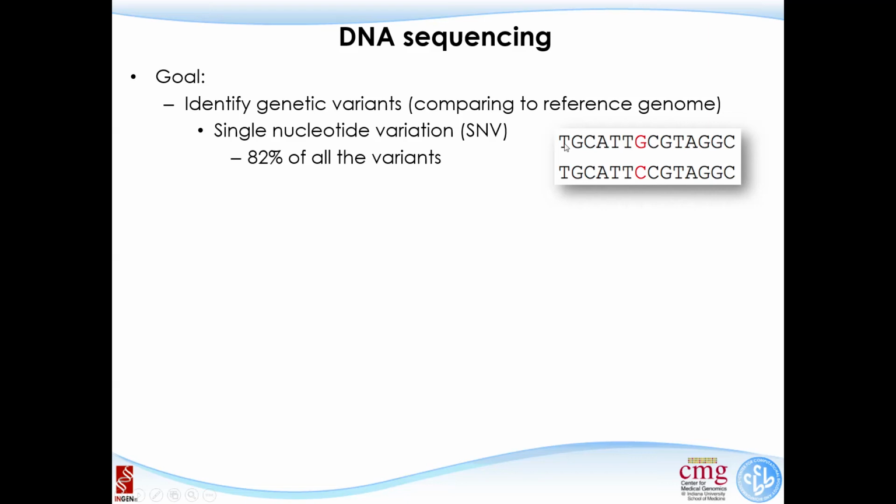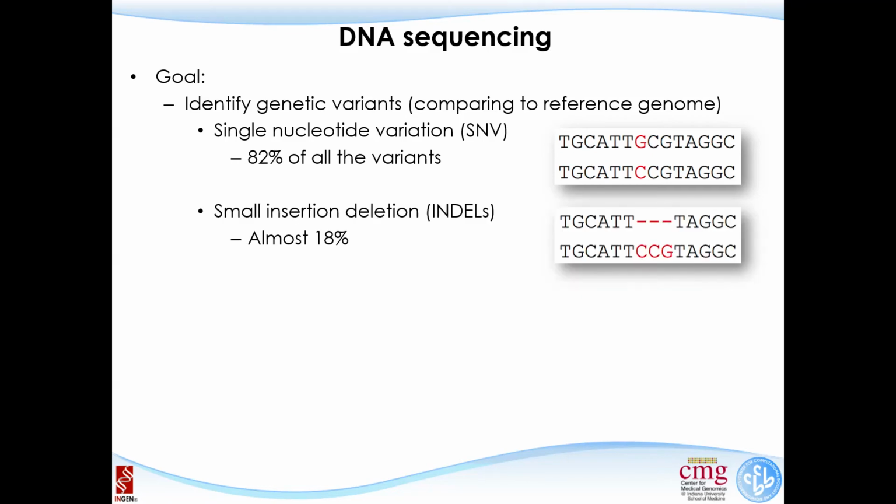But the general idea is pretty simple. This is one nucleotide in the reference, and my genome is different. That is a single nucleotide variant. The second type is called small insertion deletions. You can see from the figure, this is an insertion case. The top line here is the reference genome, and in my DNA, there are an additional 3 letters plugged in.